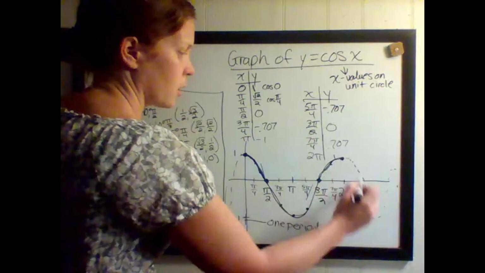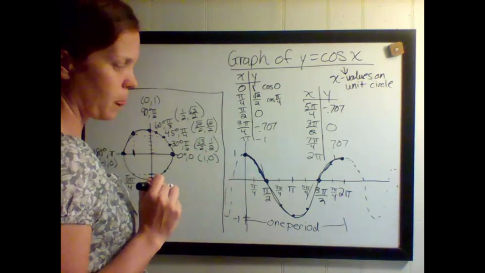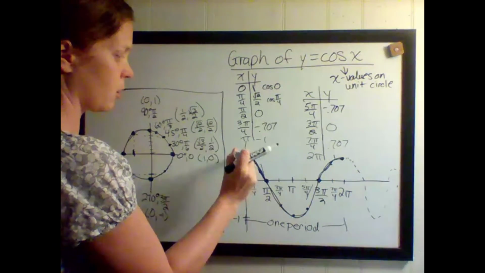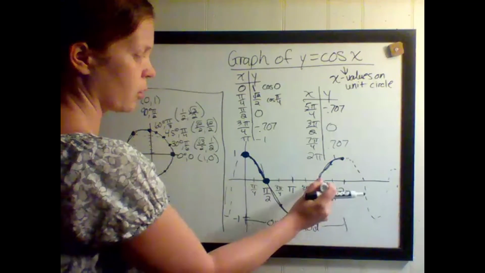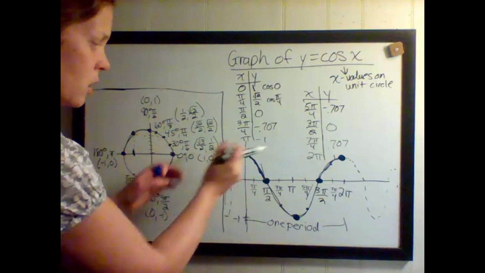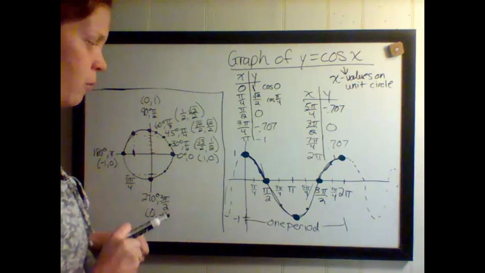For the domain, you can put in any x, but the y values have to be between negative 1 and 1. And then again, my 5 key points. This time I start up at 1, then I have a 0, a low point at negative 1, 0, and end up at 1. So that's cosine. Notice it has the same pattern. It's more a matter of where it starts.